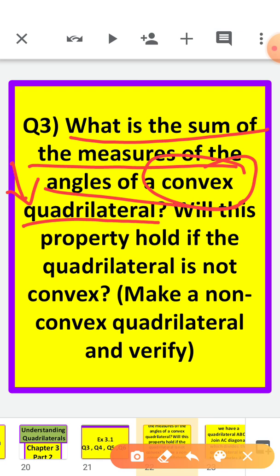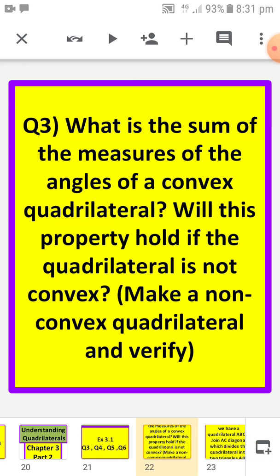It can be any figure, it can be a square, a rectangle, a rhombus, anything. Here we are talking about convex. Convex means each angle in that diagram should be less than 180. That is called a convex quadrilateral.